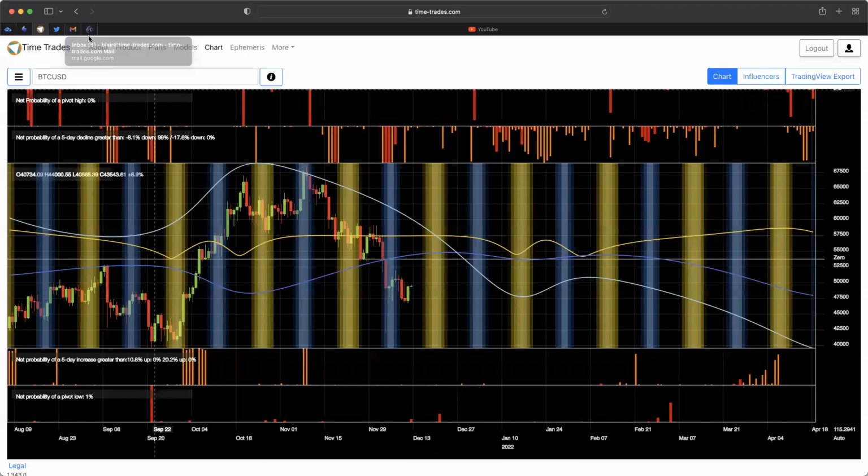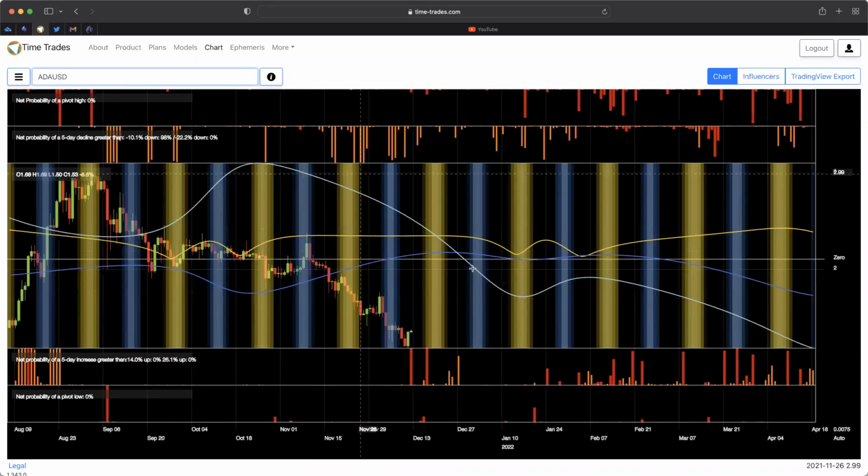Okay, so last crypto and last symbol I want to talk about is ADA. Now Cardano has some downtrends, but you can see up here the down pressure is backing off, right? And we've got a very high probability up day coming up on December 17th, and that's coming right after a 15% probability of a pivot low.